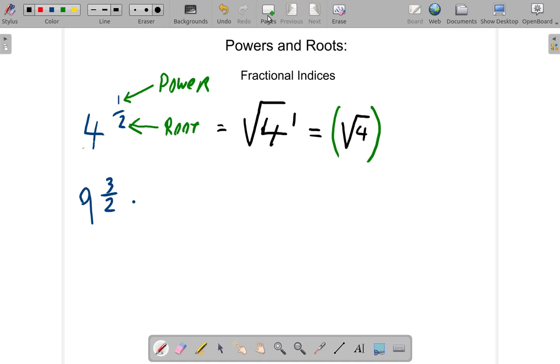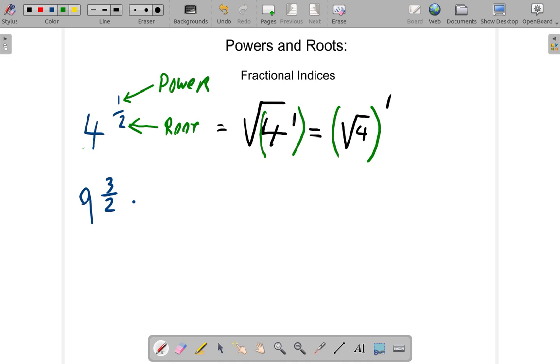The square root of 4 to the power of 1, or I could say I want to find 4 to the power of 1 and then find the square root. It doesn't make a difference. Although with bigger numbers you will find that it's easier on you when you find the root at first instead of raising to the power at first. But in any case, you get the same answer.